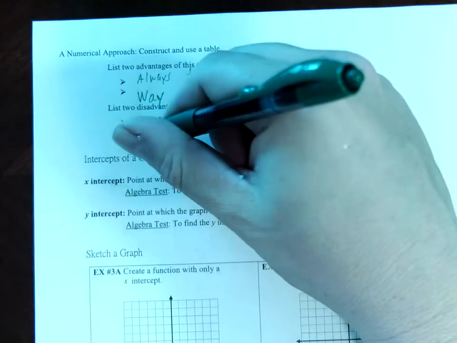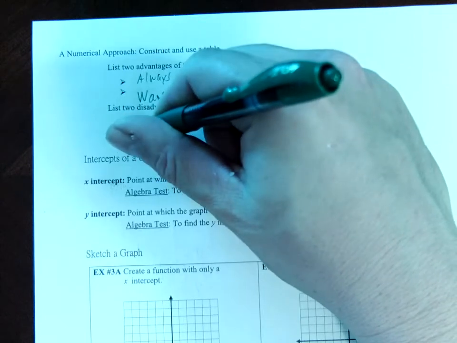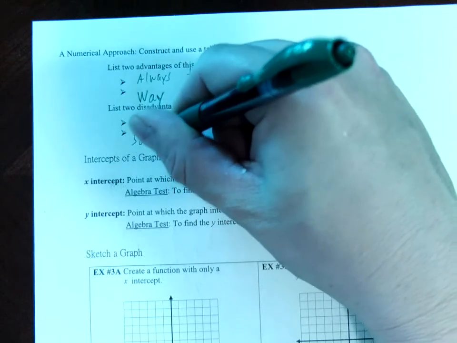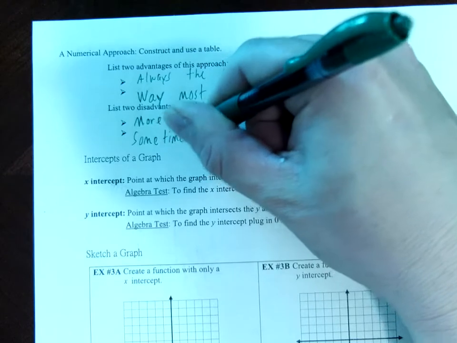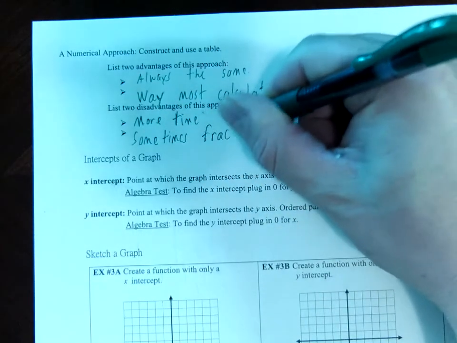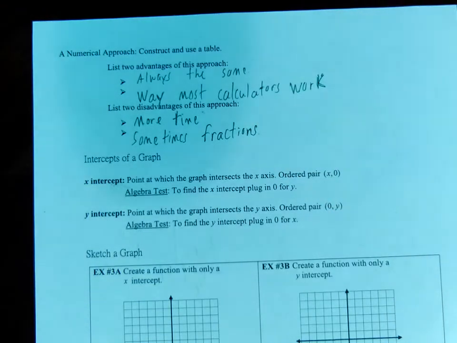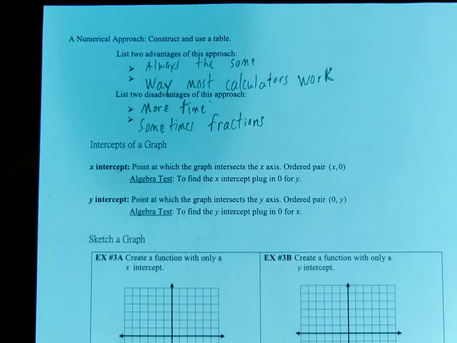You have to choose points carefully, because sometimes there are fractions. You have to choose your points effectively, and if you don't, you'll end up with a fraction.